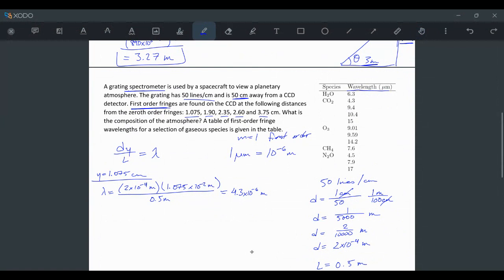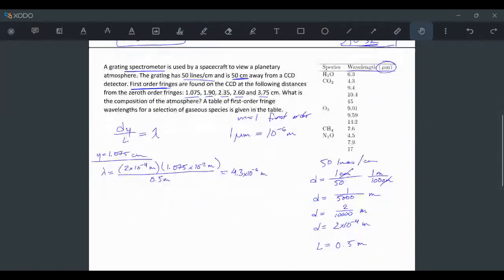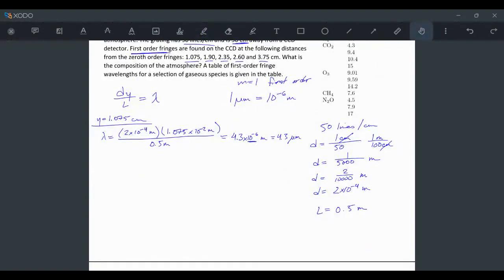So this table, notice it's in units of micrometers. So we can convert if we really want to. It's 4.3 micrometers. The conversion is very simple when we have things written with a proper 10 to the minus 6. Okay, so that's all we need for the first one.